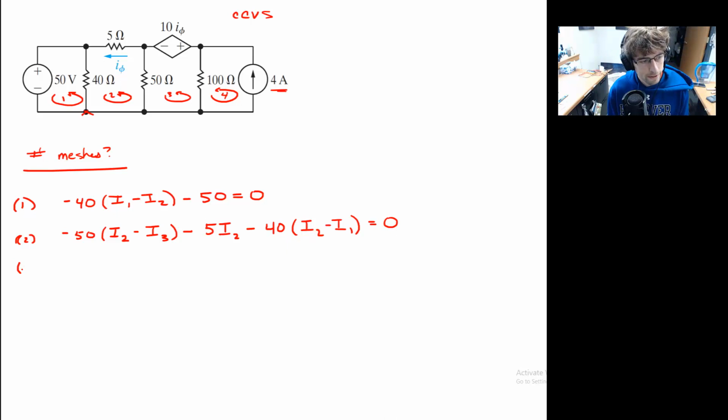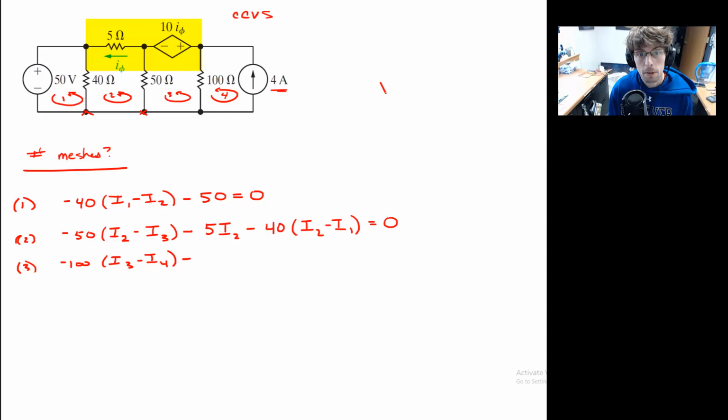Number 3. Start right here and go. We have a drop across the 100 ohm resistor, I3 minus I4. Keep walking. We have a drop across this potential supply, and here we need to take advantage of the relationship between the potential supply and the current.